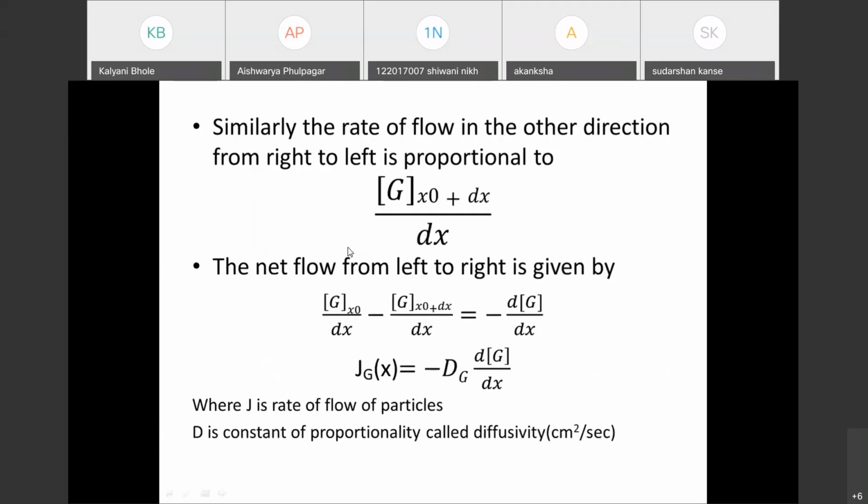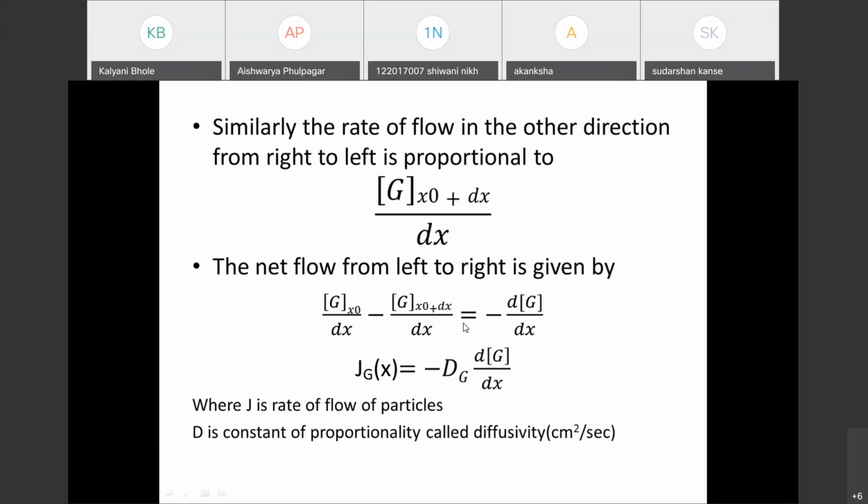Similarly, from right to left it is the concentration of G at x0 plus dx upon dx. So the net flow will be the net of these two: concentration of G at x0 minus concentration of G at x0 plus dx, upon dx.